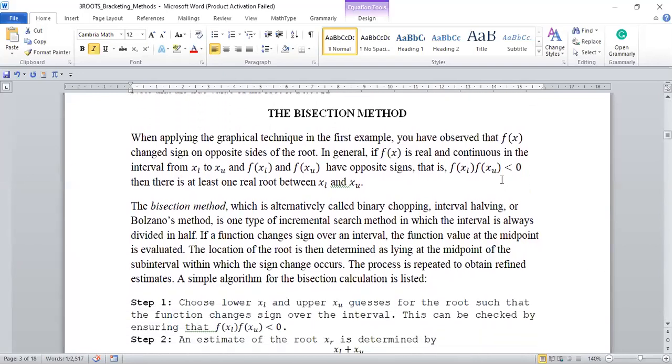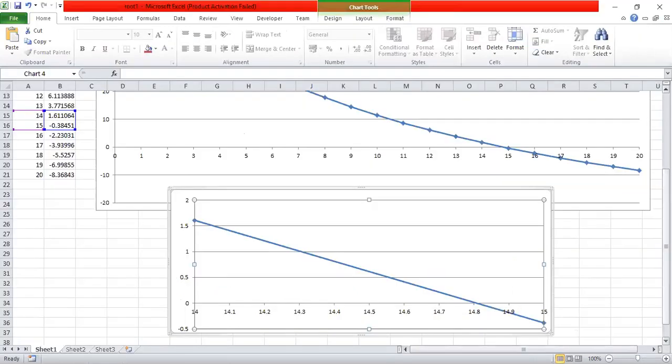What it does is that you're going to have two guesses. The first guess is XL, the lower limit, while the second guess is XU, the value of X at the upper limit. Let me go back to Excel so that I'll be sure I'm explaining this very well.